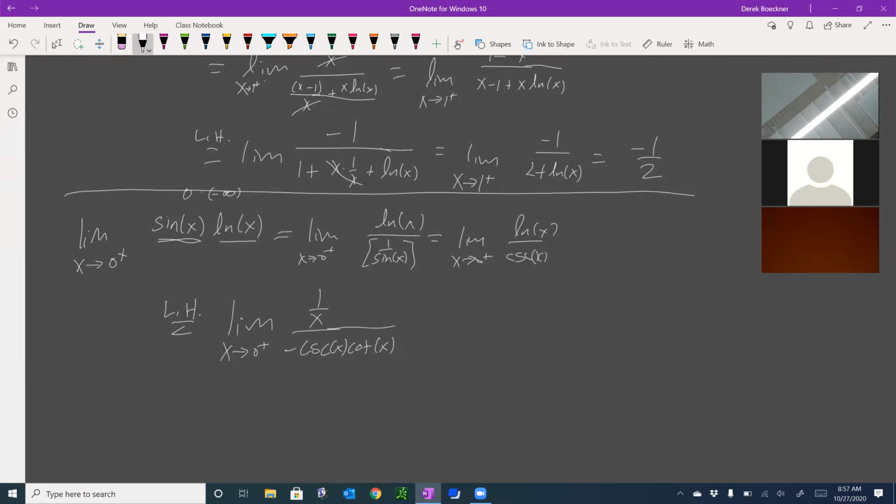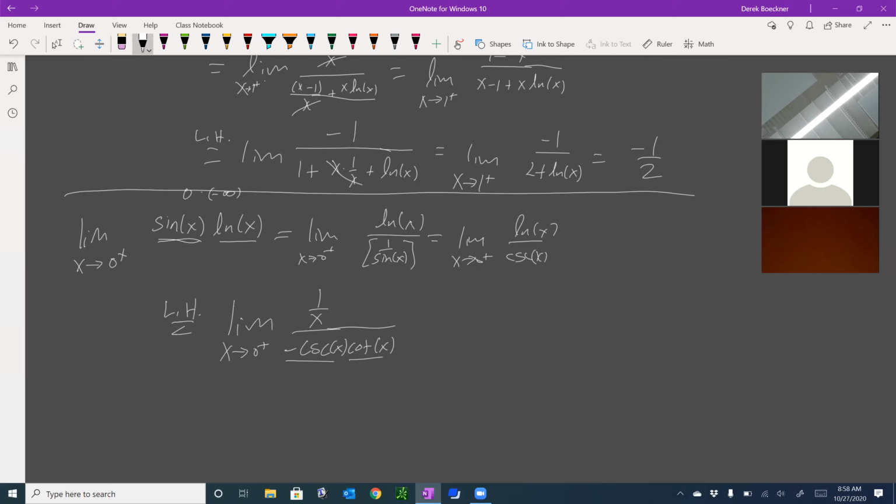Okay. And I still have issues, right? Because cosecant is still a sine thing, and cotangent, that's cosine over sine. And if the sine is going to 0, that's going to 0.